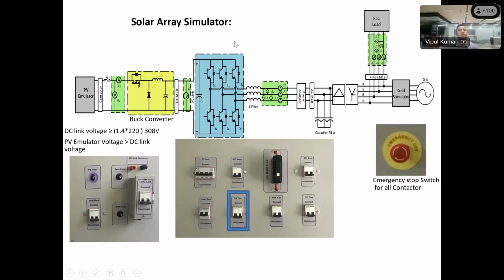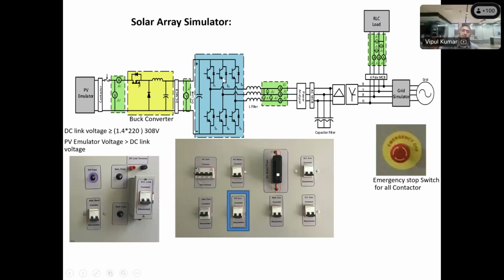After the DC link, the same picture is there for all the sources. The fuses and the emergency stop switch are on the main control panel. If any malfunction happens, we can push the emergency stop switch, which will disconnect all supply and the connection of all sources to the DC link.